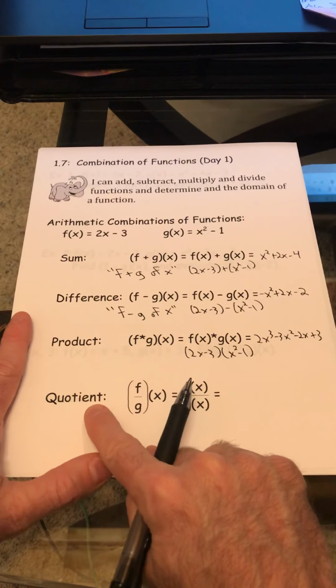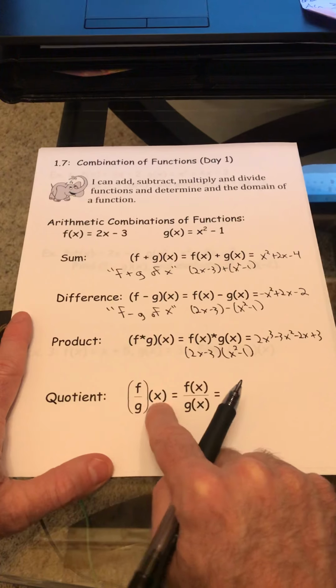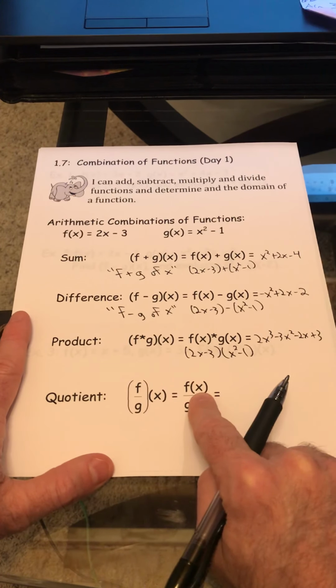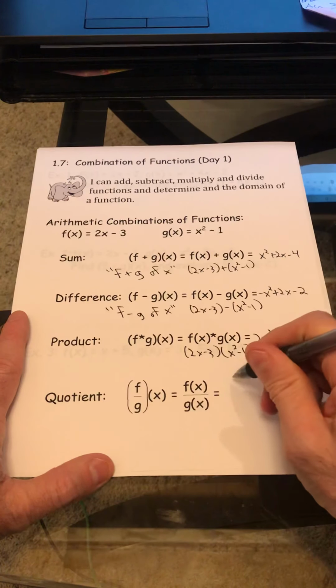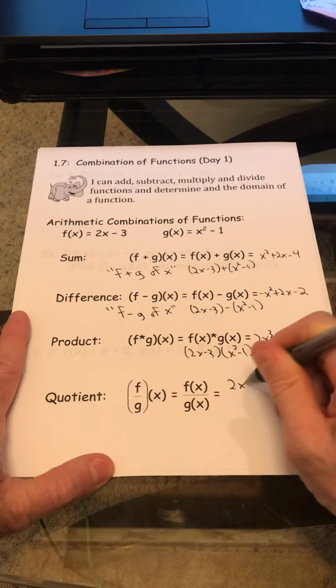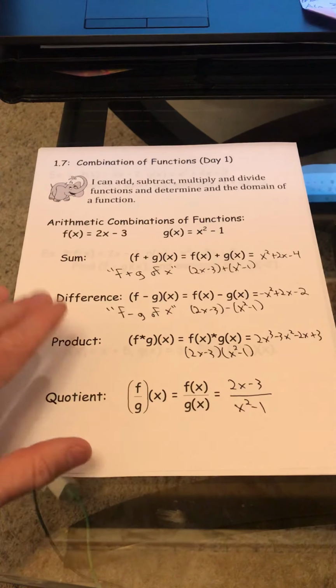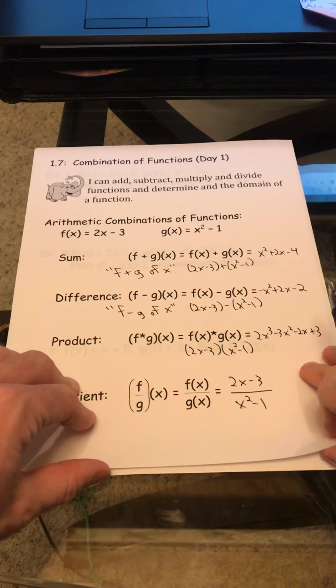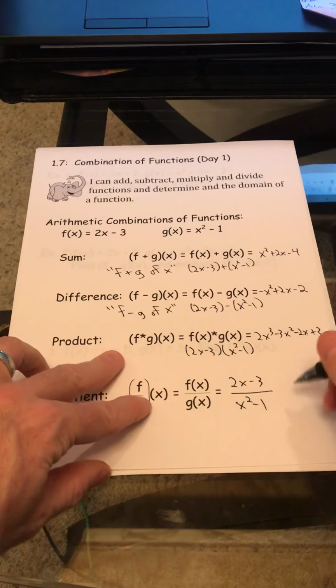And then the last one, the quotient or division, f divided by g of x, is the same thing as saying take f of x over g of x. So here you just have 2x minus 3 over x squared minus 1. The only real issue here would be, yes, you could factor this if you wanted to.